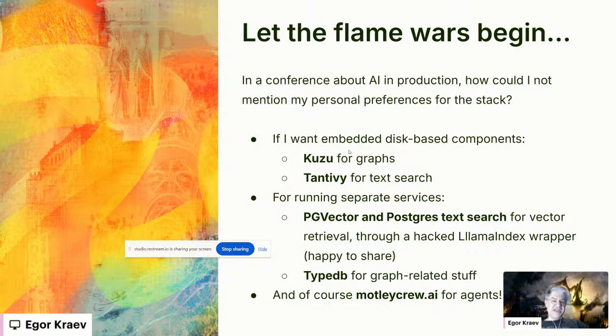And for running them as separate services, I think pgvector works fine in Postgres for vector retrieval. And I'll be looking very closely into TypeDB for graph-related stuff. And of course, I recommend Motley Crew AI, which is a framework for agents that I co-authored.